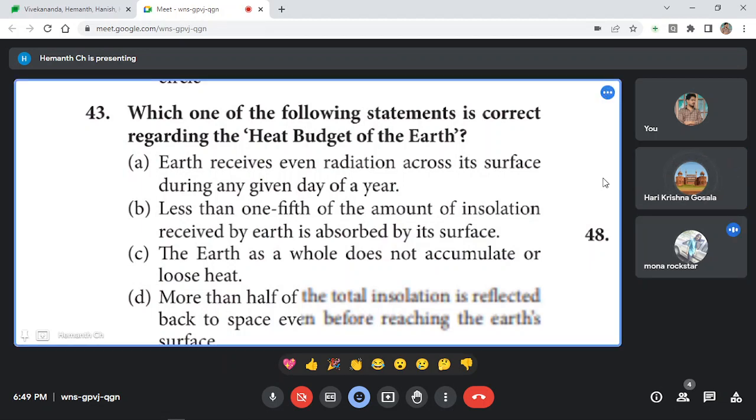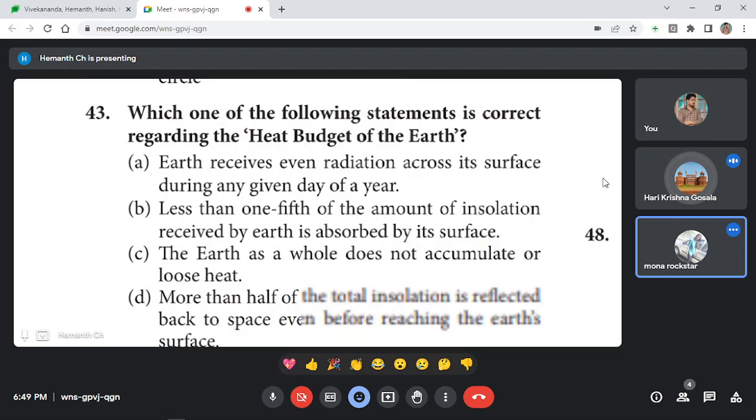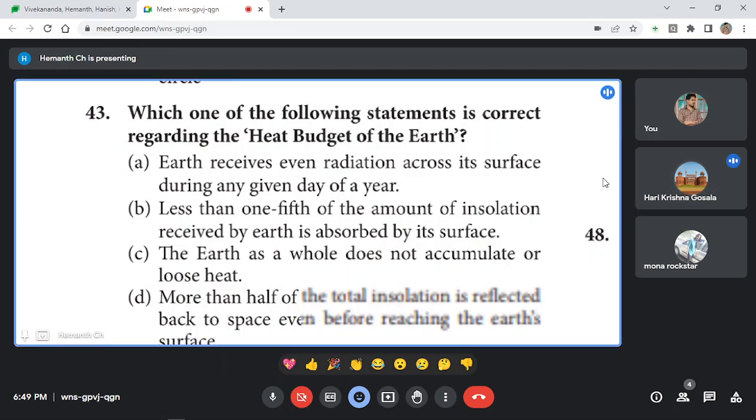B or D. B: more than half of the total insolation is reflected back to space even before reaching the Earth's surface.